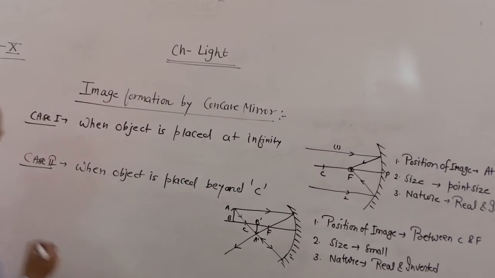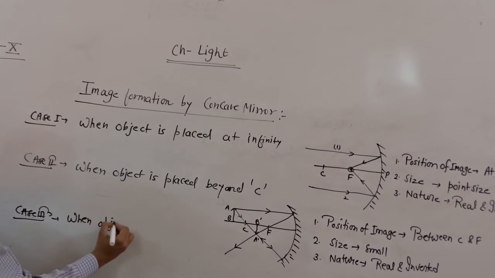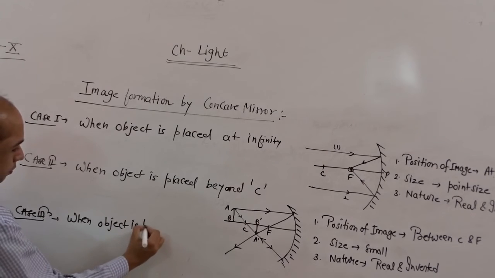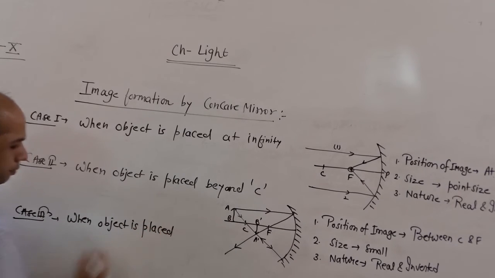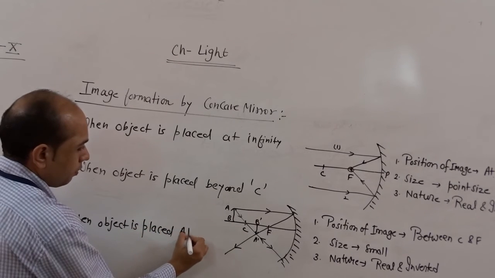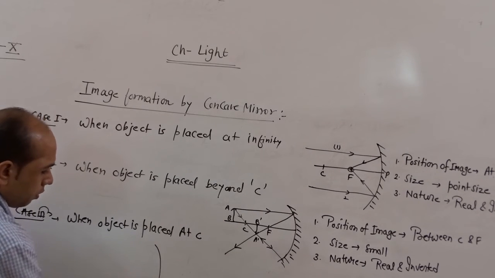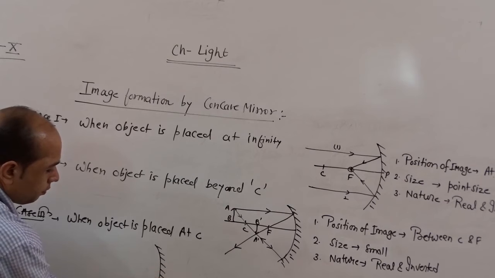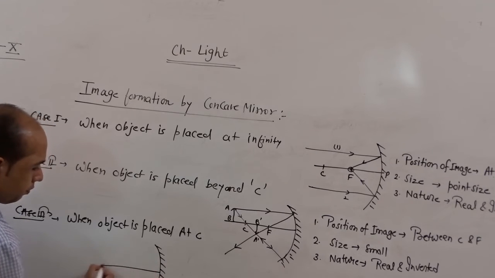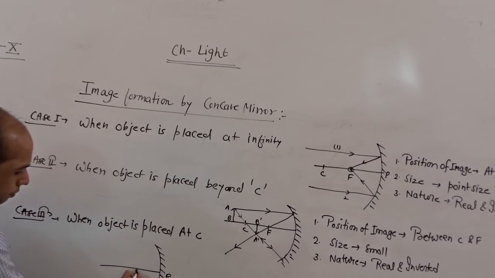Okay. Now we come to case third. When the object is placed at C, that means center of curvature. Pole, focus and center of curvature.